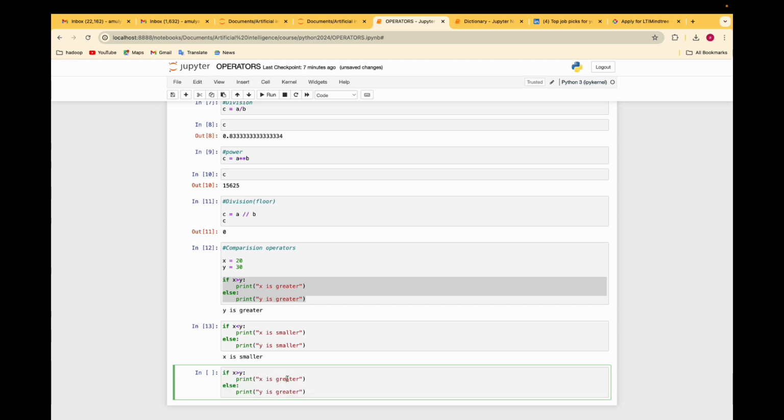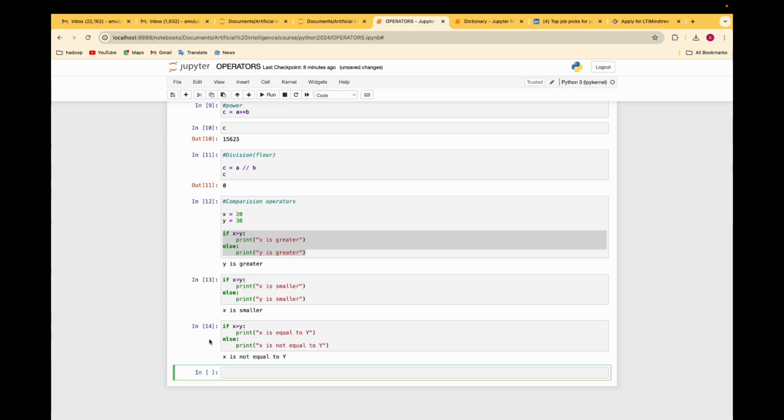If x is equal to y: I'm explaining about the double equal to operator.